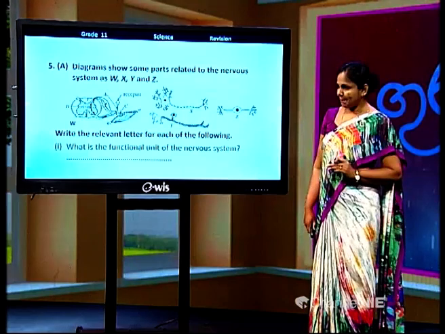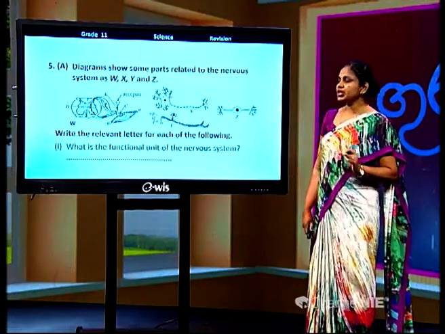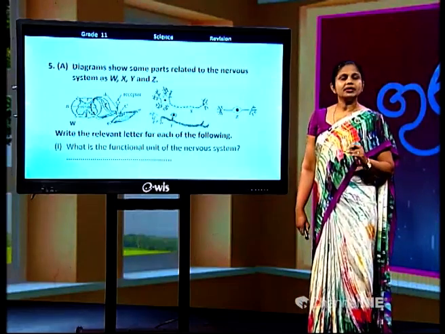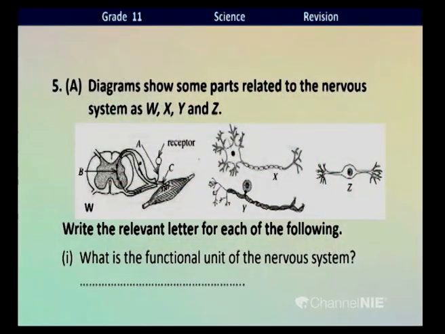First question. What is the functional unit of the nervous system? Children, you know that the functional unit of the nervous system is the reflex arc. You know what the reflex arc is, right?